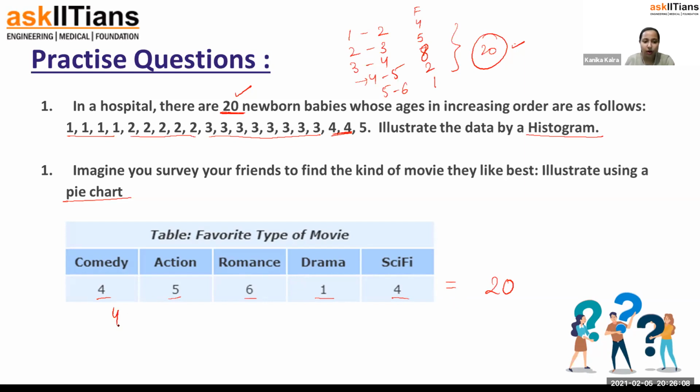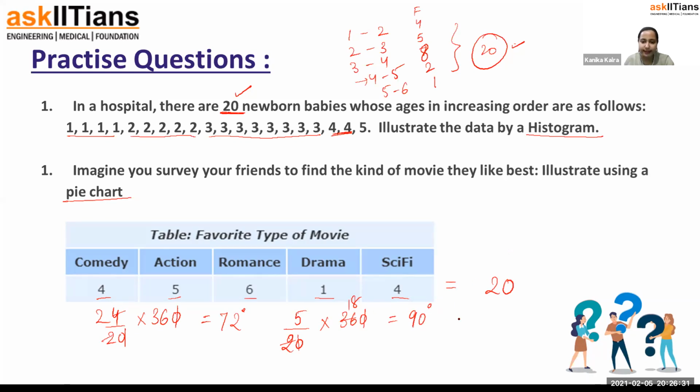So 4 on 20 into 360. This would be 72 degrees. Then the next one, 5 over 20 into 360. This would be 90 degrees.